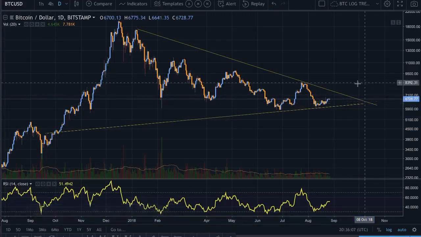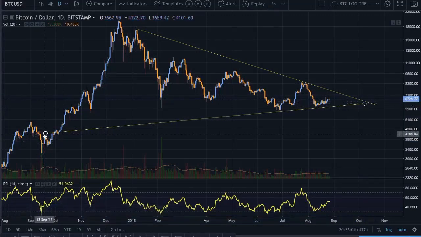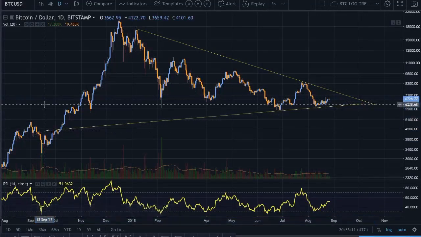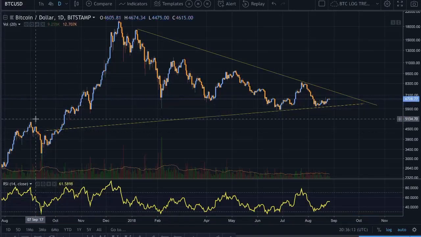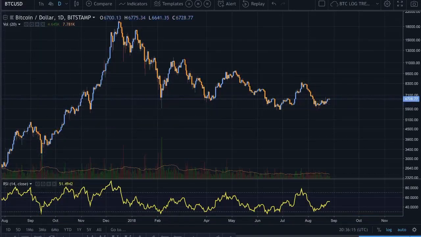Let's see if I can make this work. Yeah, this is not anything significant, hardly anything to take note of. That's why I don't draw those kinds of lines. The only lines I'm interested in are horizontal resistance points. That is the only thing I like to look at.